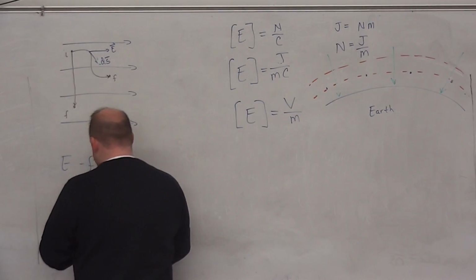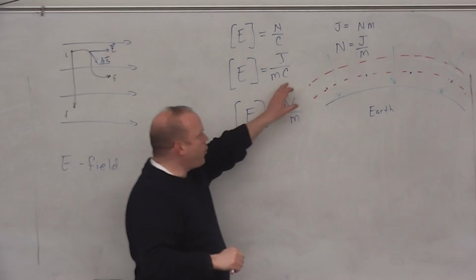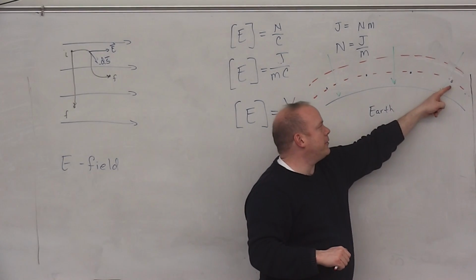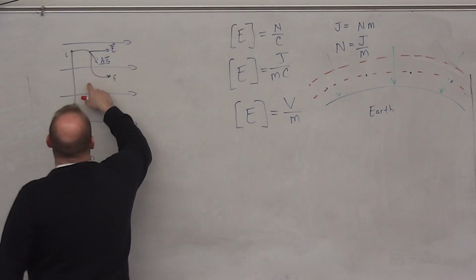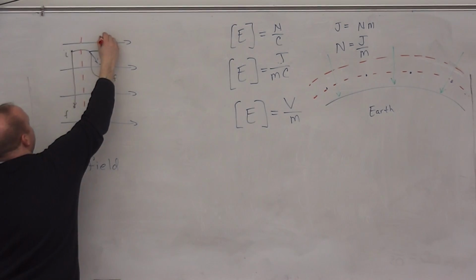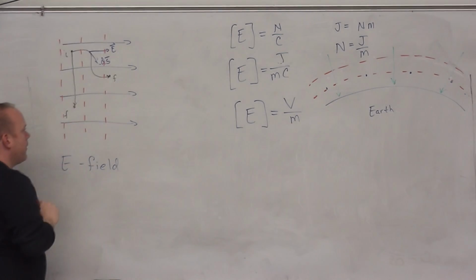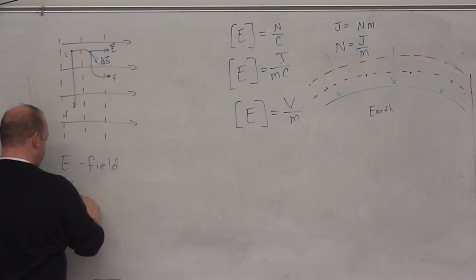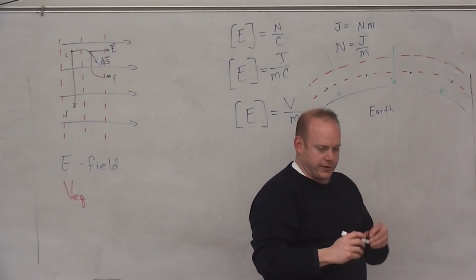Again, thinking back to gravity, if I want to do no work, I move horizontally, perpendicularly to the gravitational field. If I want to move so that I do no work due to the electric field, I'm going to move perpendicularly to the electric field. So my equipotential surfaces, called V equi, are going to be perpendicular to the electric field. It would look like that.